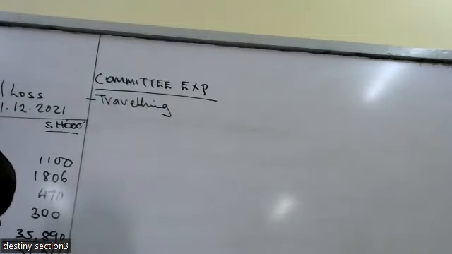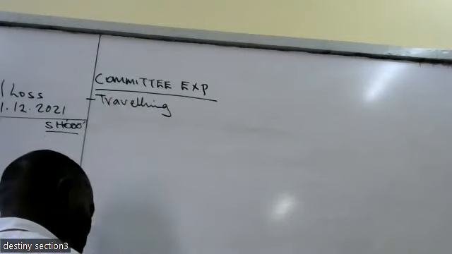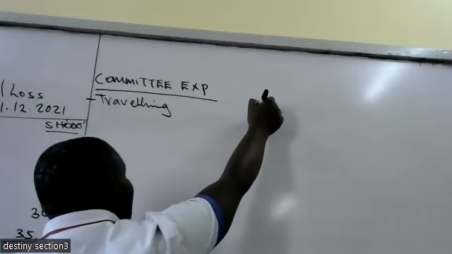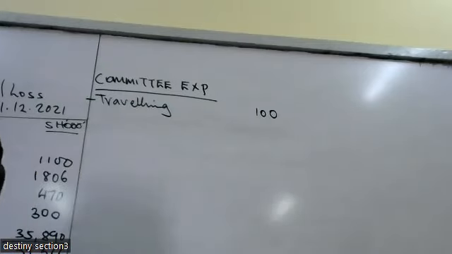Traveling, how much? 100. So 100. Look for anything for committee down there. Check any expense for committee.